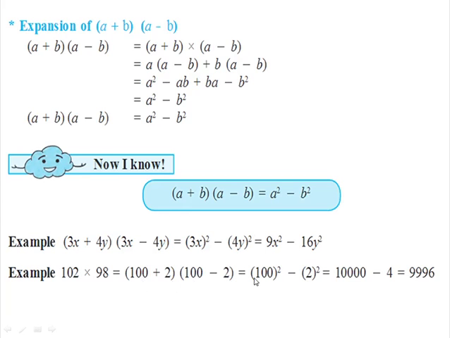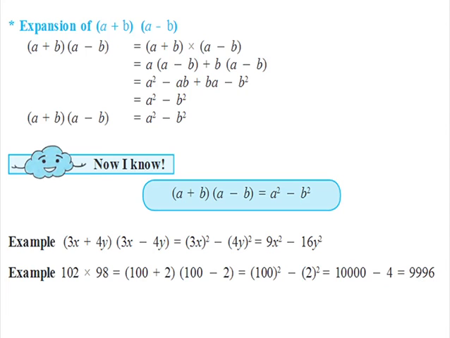So (100 plus 2)(100 minus 2) will be equal to 100 square minus 2 square, that is, first term square minus second term square. Square of 100 is 10,000, square of 2 is 4. So 10,000 minus 4 is 9,996. Now we have completed the solved examples.